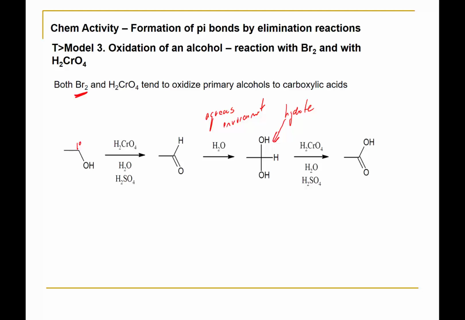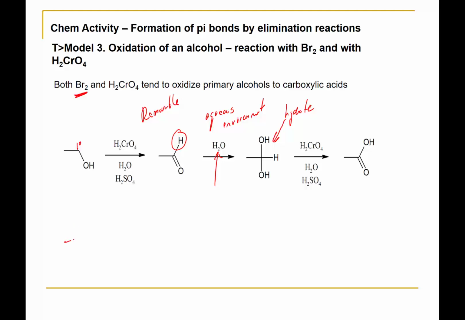While this might seem like a trivial point, like, okay, you've got this water, big deal, the fact that you've got this water means that ultimately the hydrate can form. The hydrate has these OH groups, and these OH groups are susceptible to further oxidation. Again, because this is the aldehyde, it has this removable hydrogen, and therefore the aldehyde can be oxidized further.